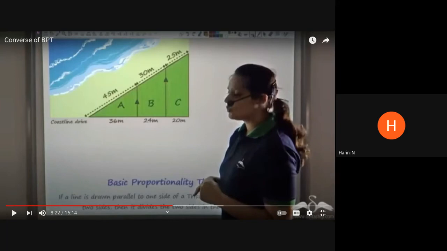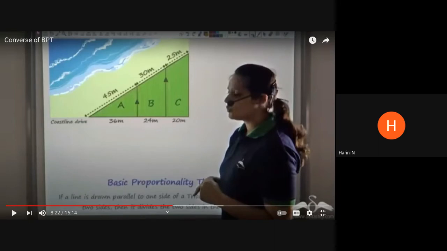If such a condition exists, then the other two sides are divided in the same ratio. But the converse is exactly the reverse of this. If the line is dividing two sides of a triangle in the same ratio, then I can go back and say that line is parallel to the third side. Can you understand what I'm trying to say? I think I have stated it two times.